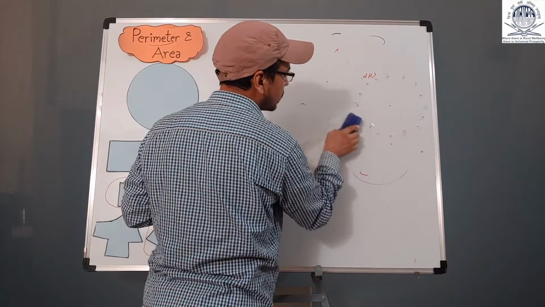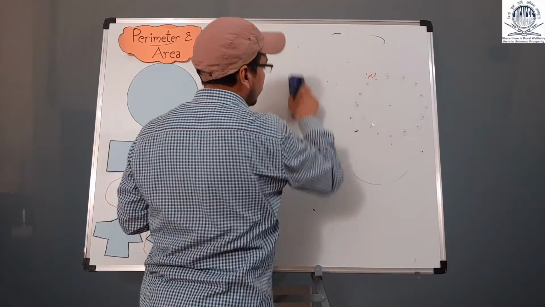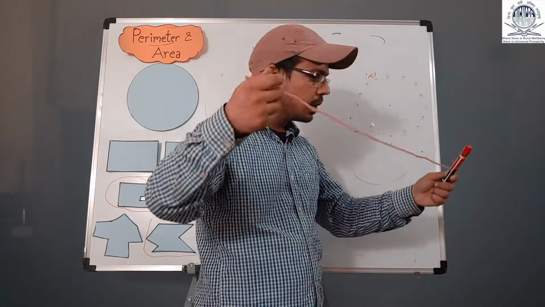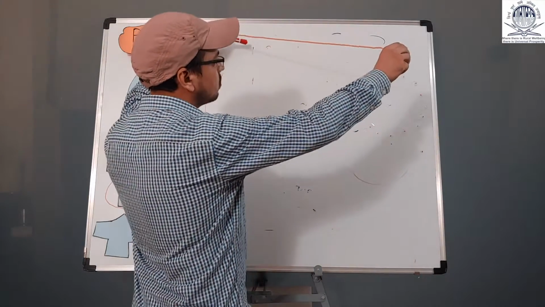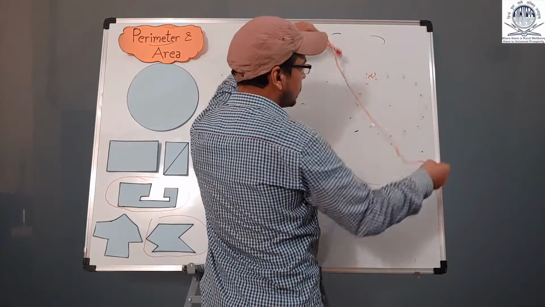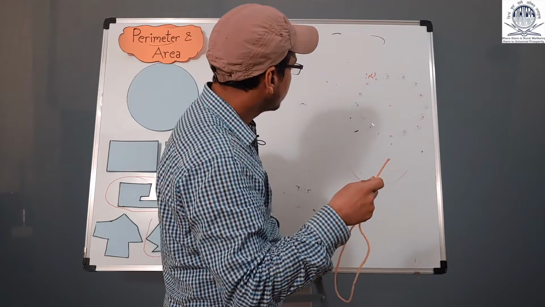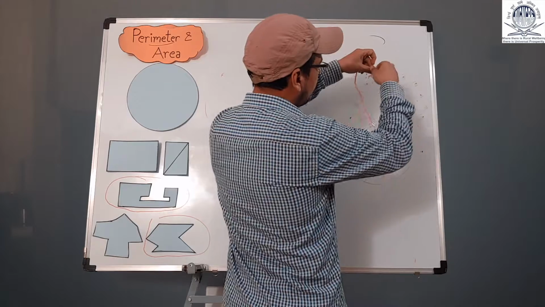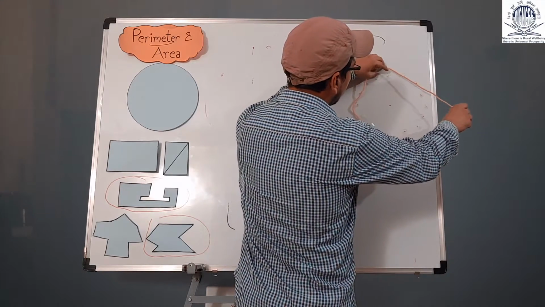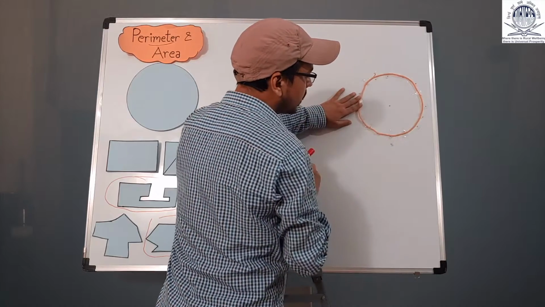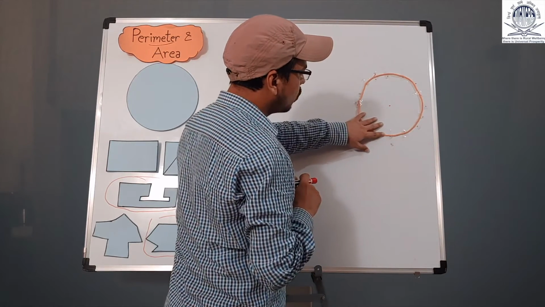I have this long rope, and I'll put it like this. Oh, I see some space, so I'll put my pen aside, and what if I try to join it this way? Alright, so now we are done making this shape, and oh, what is it?